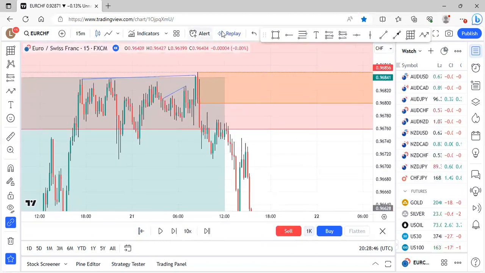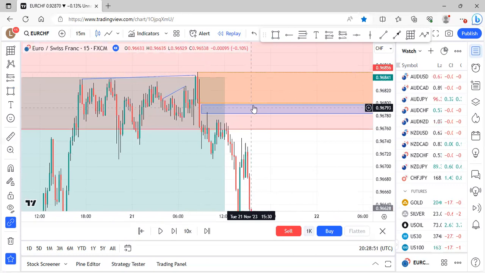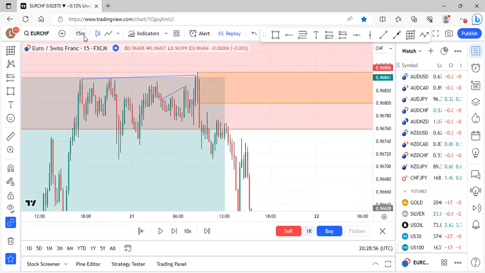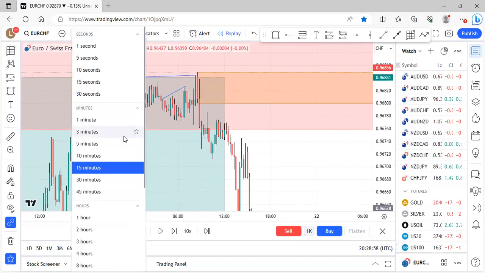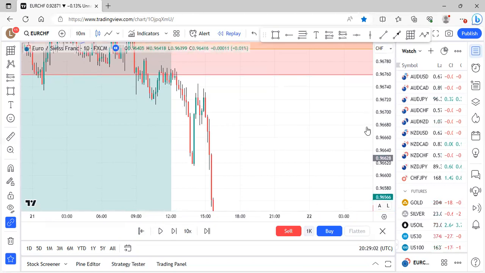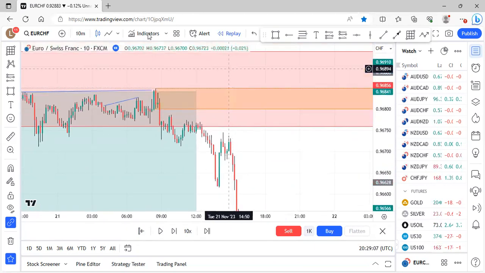It looks like, but when we look through the time frames, we've got losing imbalances here as well.